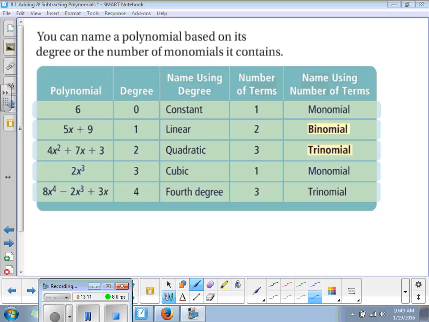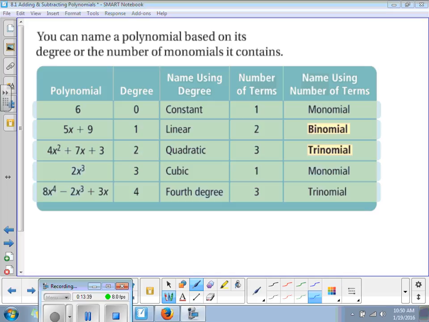This is just one term, so it's a monomial, right? So it can be a higher degree, but just one term. You see that? Here, this has 3 terms, so it's a trinomial, okay? And when it goes after the cubic, there are no special names for the degrees.